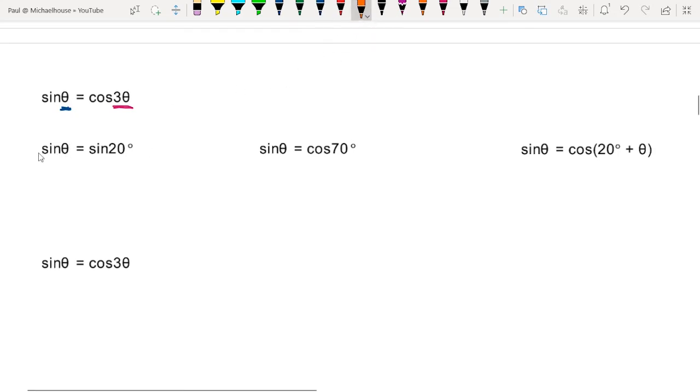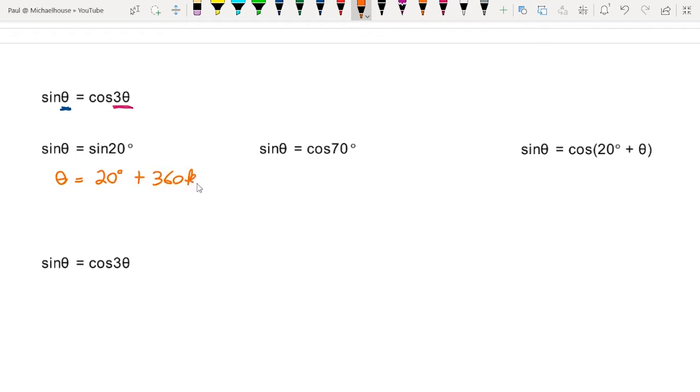Basically, I'm going to work backwards from a fairly simple example to more complex examples. Suppose we had sine theta equals sine 20. Well, an obvious solution would be that theta is 20 degrees plus 360k.